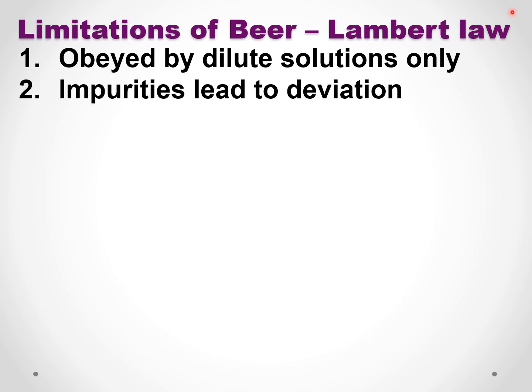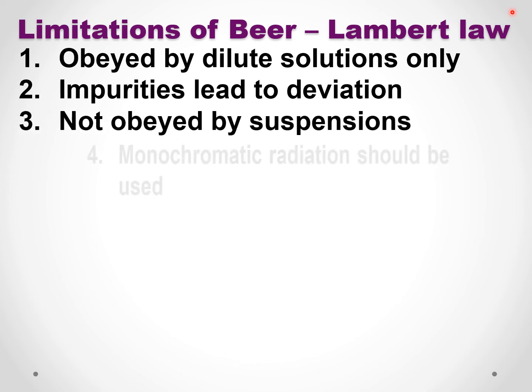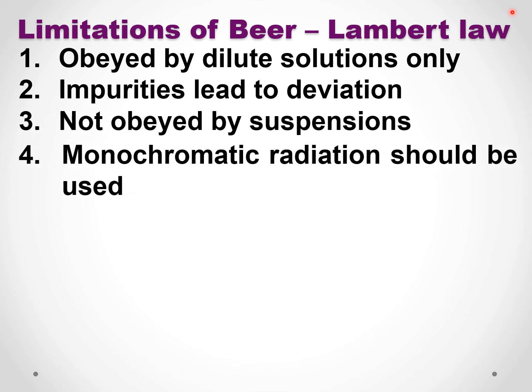If there are impurities present in the compound, then the absorbance will not be proportional to the concentration. Not obeyed by suspensions. Suspension means what? It's a colloidal solution, or it is not fully dissolved. So when light passes through such compounds, the light gets scattered away. So it will not be absorbed properly. We want the absorption.